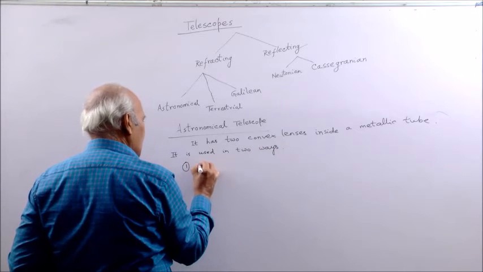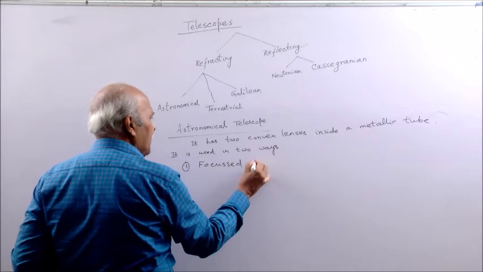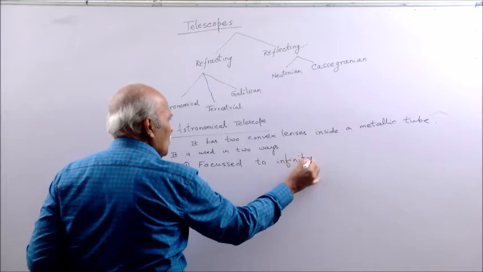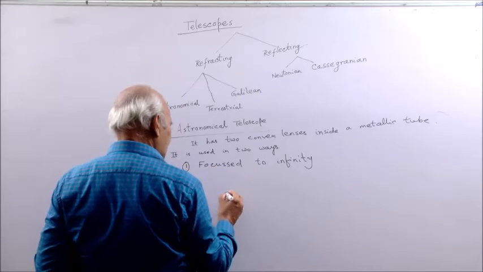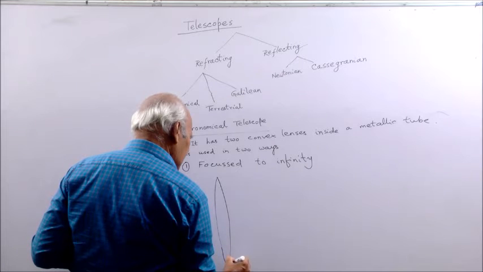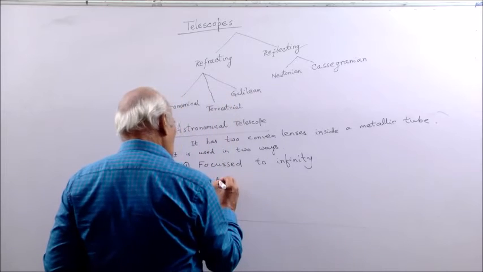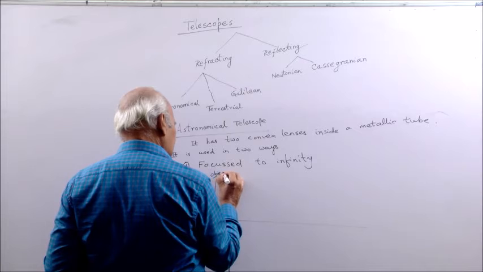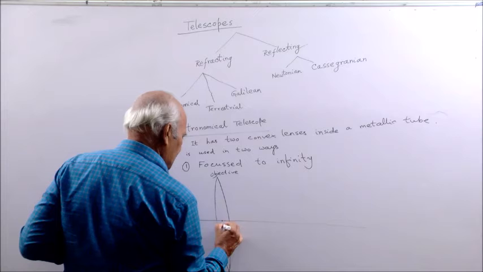Number one is when focused to infinity, and number two is focus to LDDV. So, focus to infinity, let us discuss. The objective lens must be large, so that it can receive more rays. This is the objective, PO.